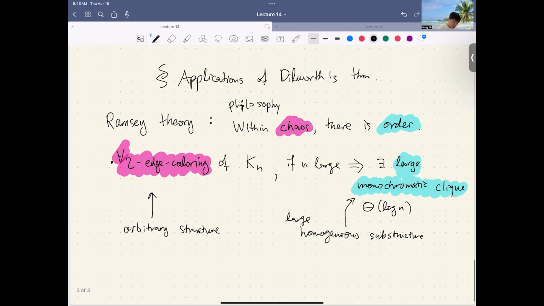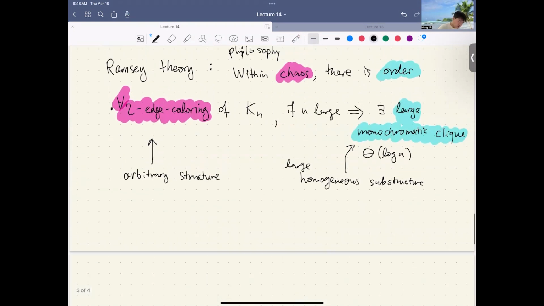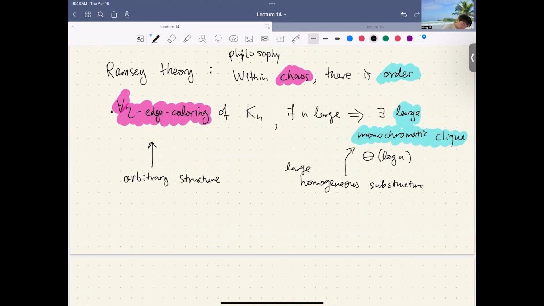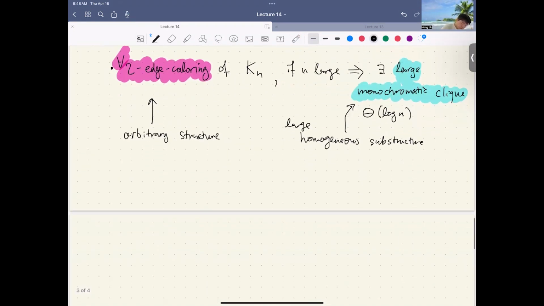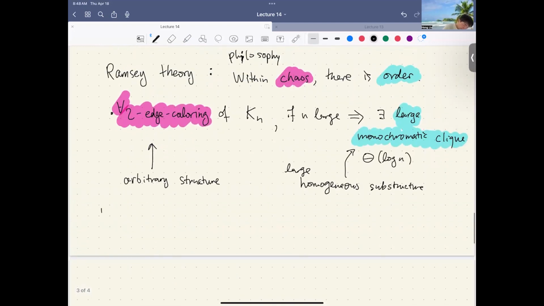So let's recall the corollary of Dilworth's theorem: for any poset with n points, the height of the poset times the width of the poset is at least n.